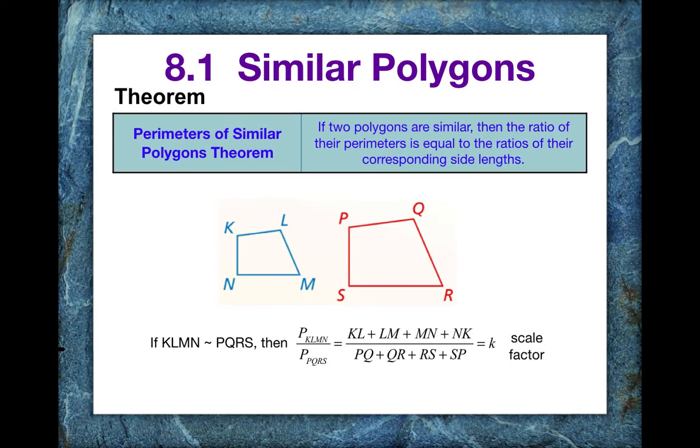So here I have these two being similar, therefore the ratio of their perimeters is equal to the scale factor, which is their sides, any sides that I choose. So that's how we can see how the perimeters compare. They're going to be the same thing as the scale factors of the sides.